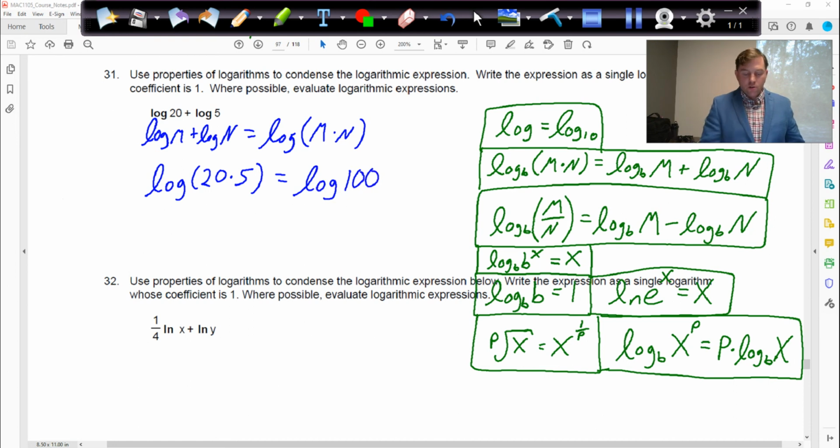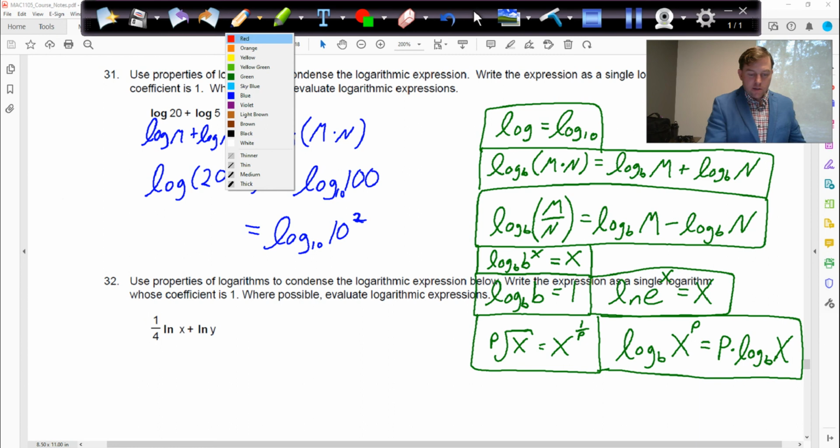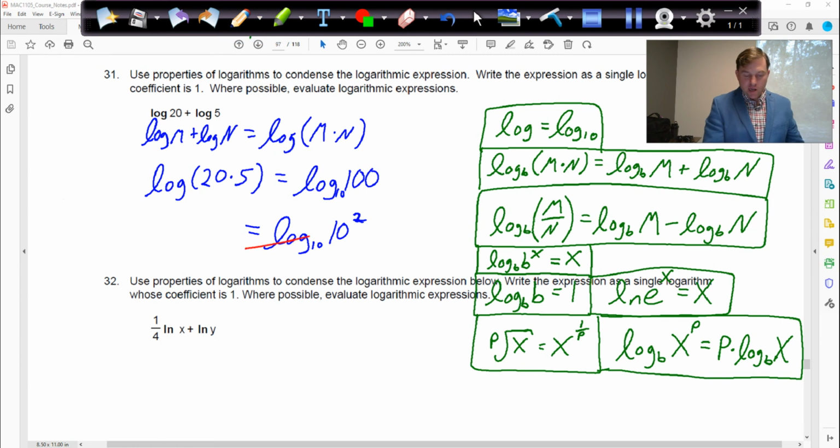And recall, log without a base is base 10, so we can write that as log base 10 of 10 squared. So 100 is 10 squared, and then we can see that because the 10 and the 10 match, they'll cancel, and the answer is just the power. So this one reduces quite nicely to just the number 2.